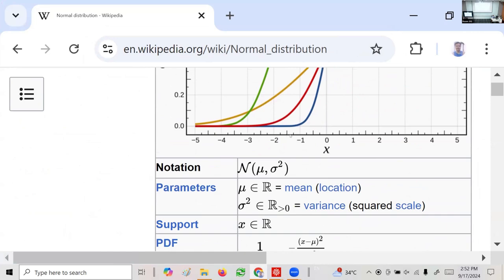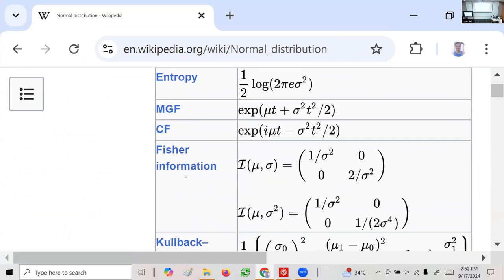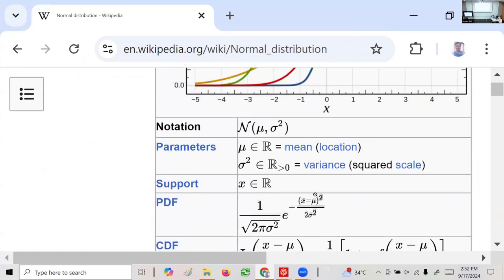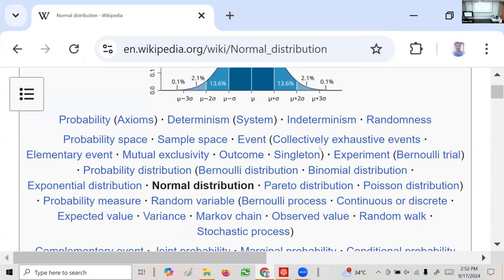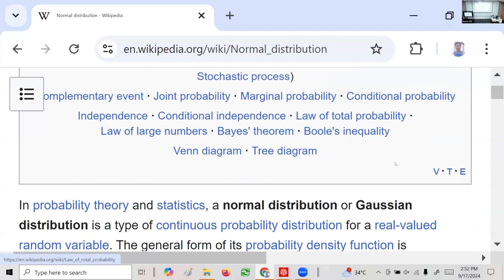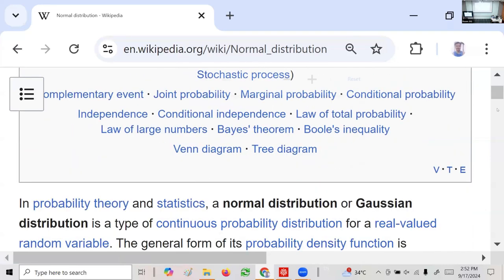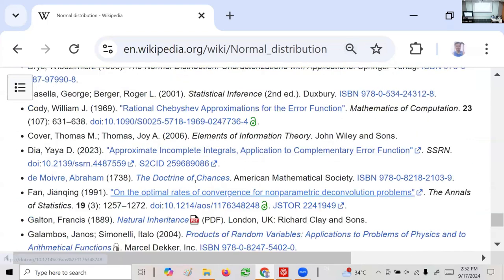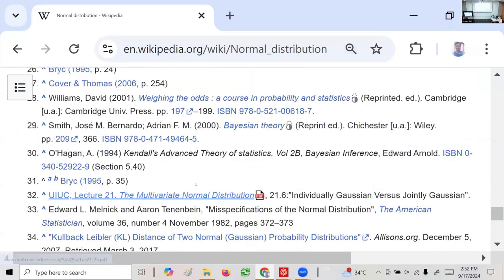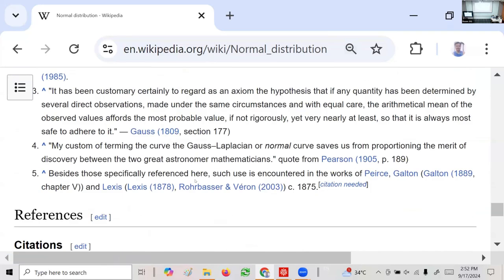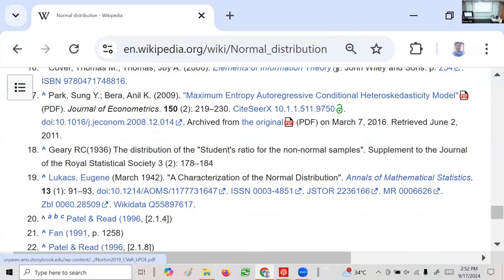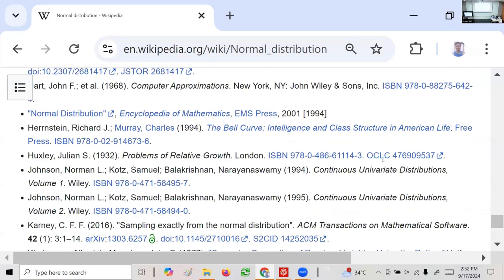And that function, the exponential 2 PDF, you remember that? There it is. See that exponential 2? You saw that earlier. The point is this: if you go down to the bottom of the page, there it is. See that?